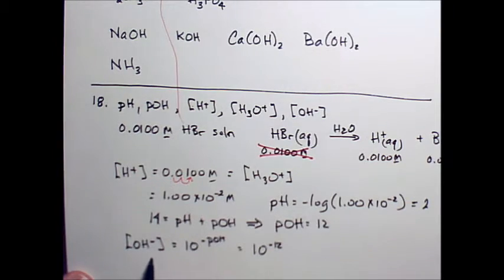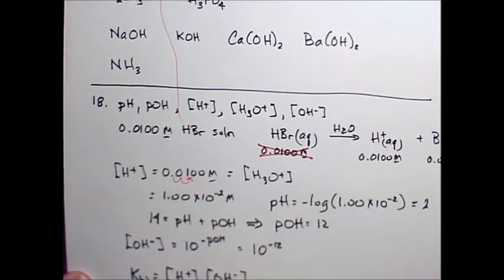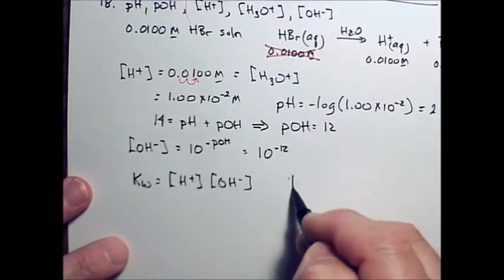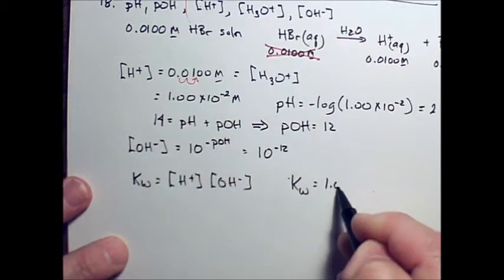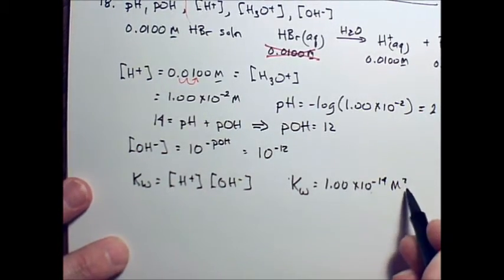Okay? I can calculate this in 2 different ways. I could use Kw equals hydrogen ion concentration times hydroxide ion concentration, and Kw is 1 times 10 to the negative 14 molar squared.